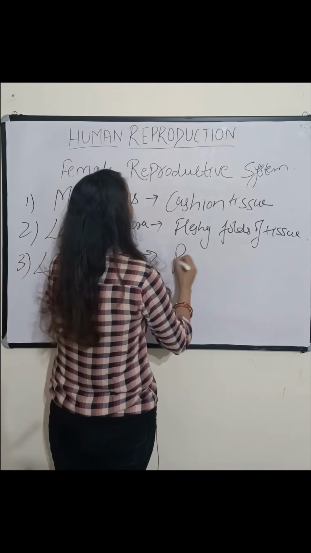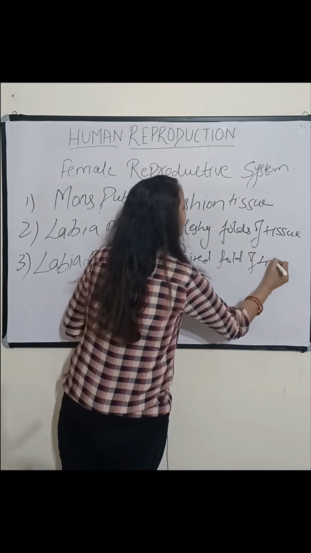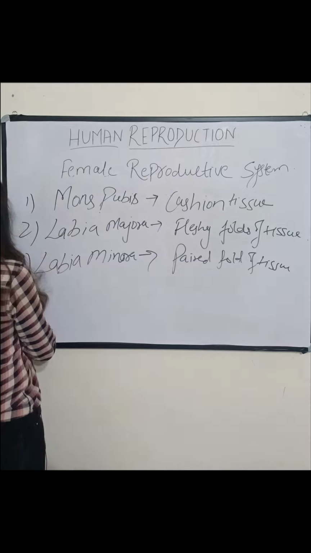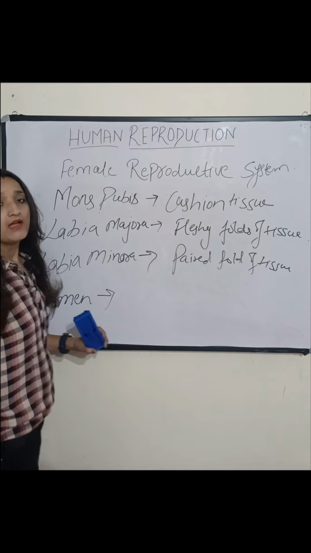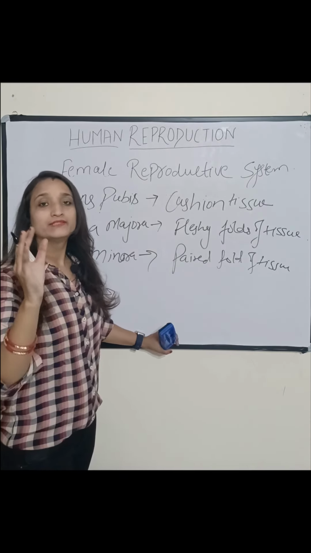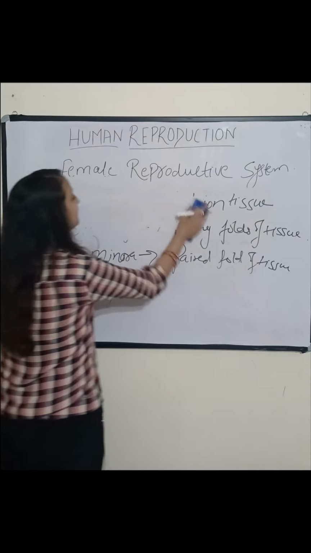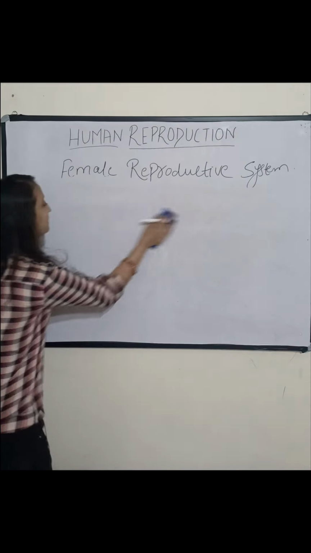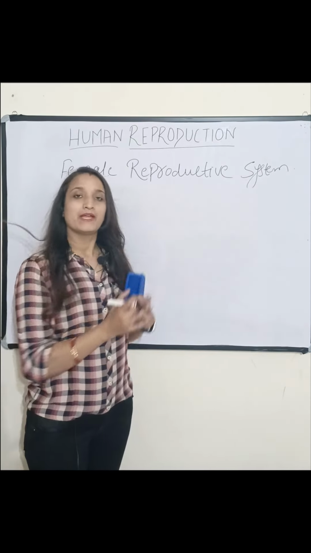It has a paired fold of tissues. Now, number 4, hymen. Hymen is the partial membrane of the opening of the vagina. And number 5 is clitoris. Clitoris is a finger-like structure located above the labia minora.